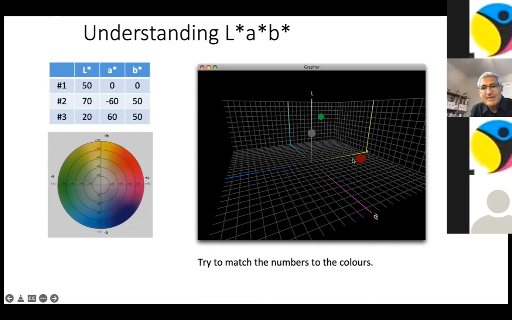So the color should be dark. Then on axis A it's plus 60, something about red, and then B axis plus 50, which I don't know if I can call it red or magenta. Anyway, this is very dark, a dark bloody color. Great, good.